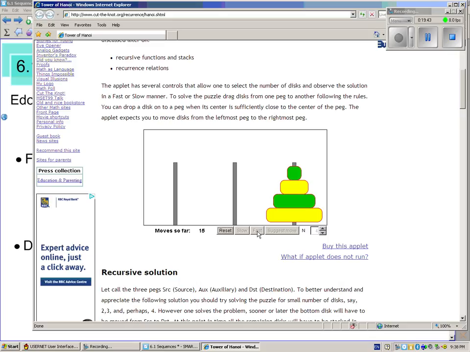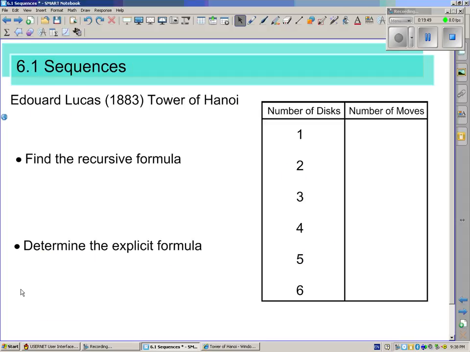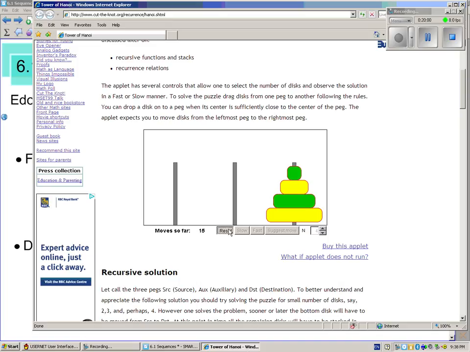Okay, hopefully you understand how this process works. All right, so let's go back to our slide here. We're going to work through this problem. You see it says the number of discs and the number of moves that it would take. So let's reset and go down to one thing to move.